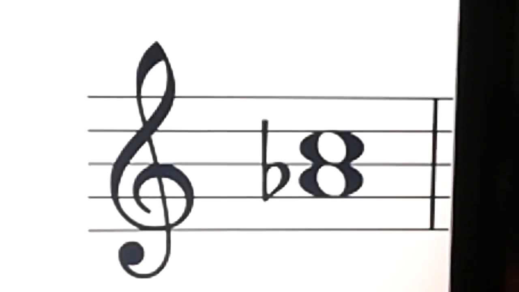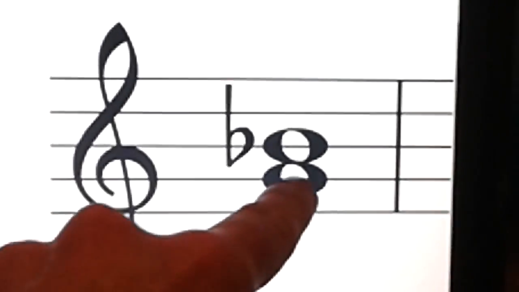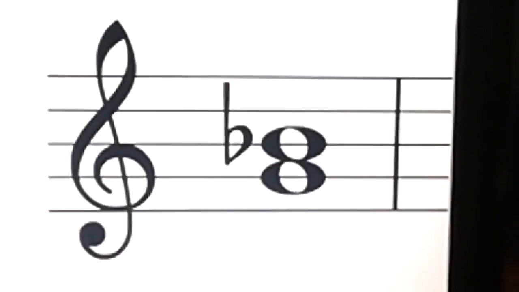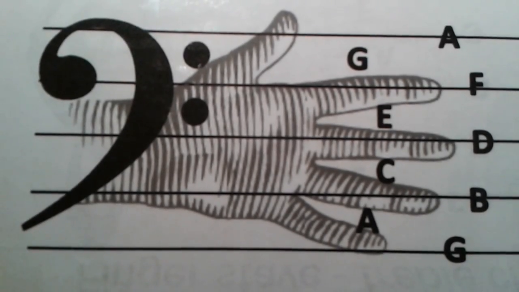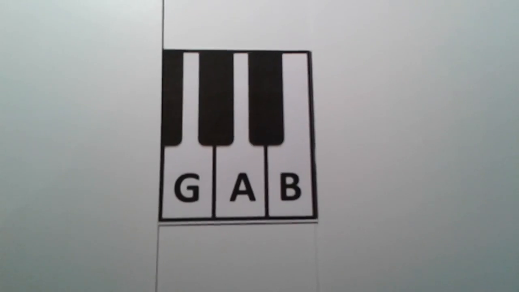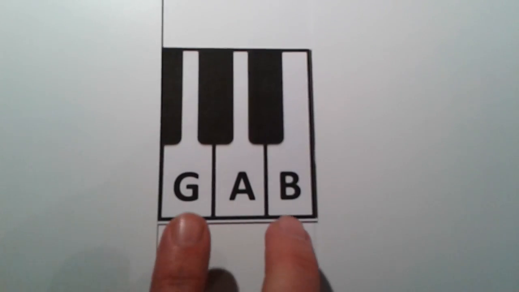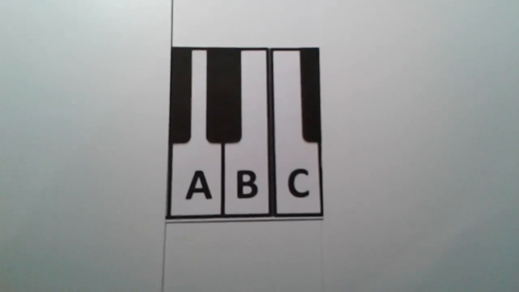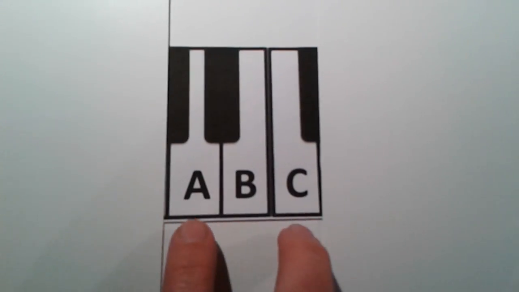Space, line, space, or line, space, line. Or to put it another way, 3 letter names. A, B, C, or G, A, B. A third.